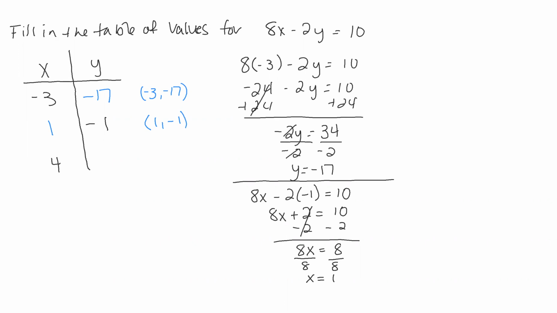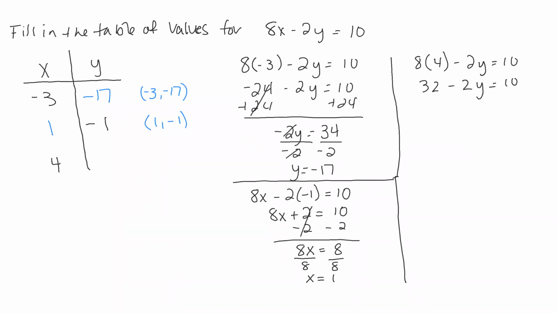Let's do this one more time. All right. So in this last example, x has to be 4. So let's figure out what y has to be if x is 4. So I get 8 times 4. I'm going to replace the x with 4. Minus 2y is 10. Well, 8 times 4 is 32, so I get 32 minus 2y equals 10.